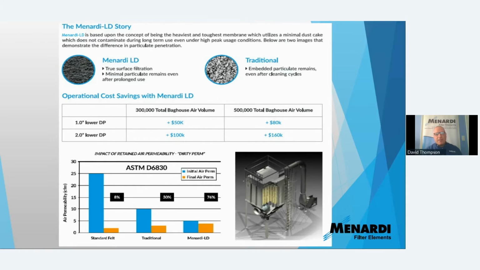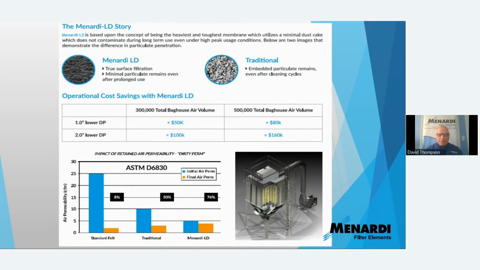You can run them at lower fan speeds, so you get a cost savings on the energy used to push the air across the bags. And you get an energy savings on the compressed air required to clean the bags when they reach a differential pressure. Because you clean less frequently, you're saving money on both. You have a lower drag while you're running the bag, and you have less compressed air used because you're pulsing less frequently.